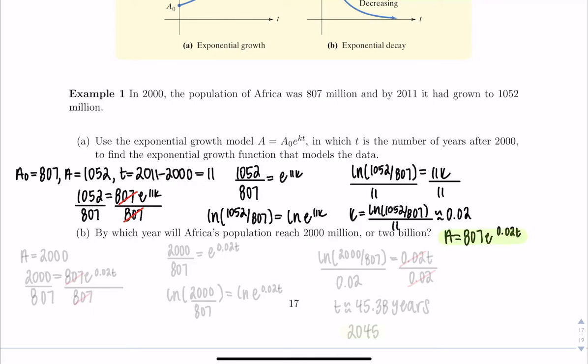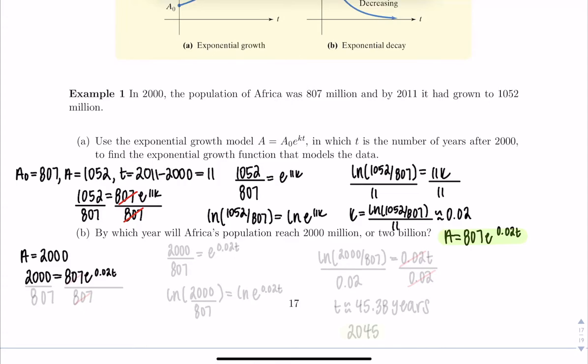By which year will Africa's population reach 2,000 million or 2 billion? In this case, A is equal to 2,000. Plugging into our formula we just found, we have that 2,000 equals 807 e to the 0.02t.